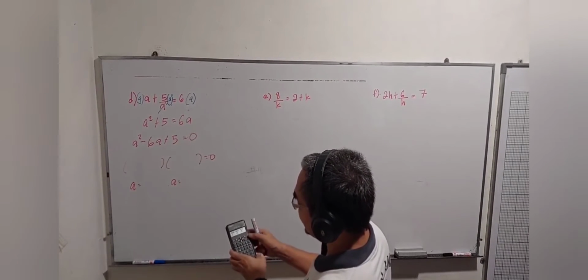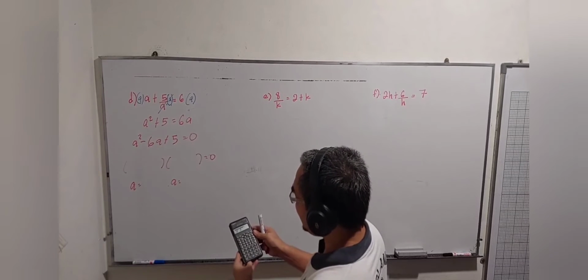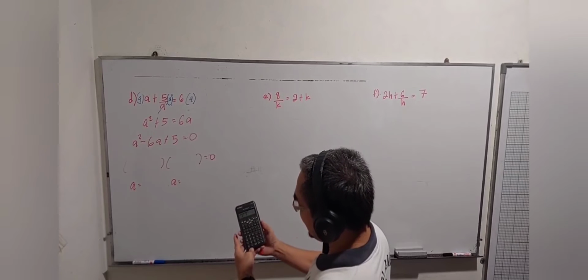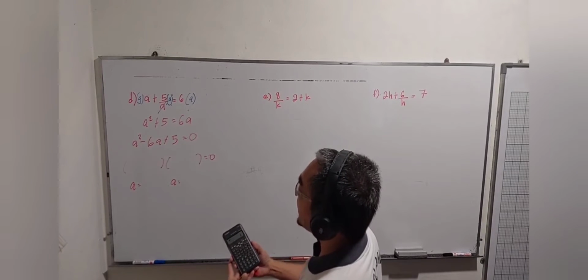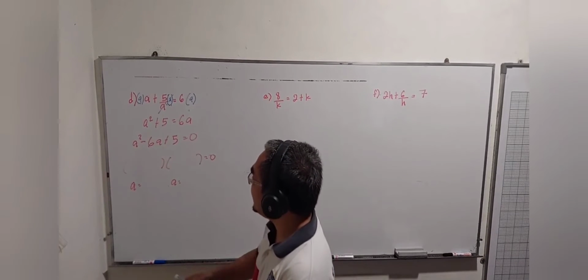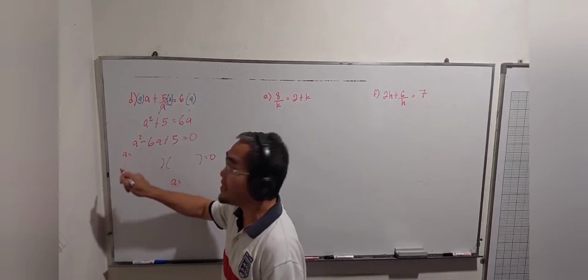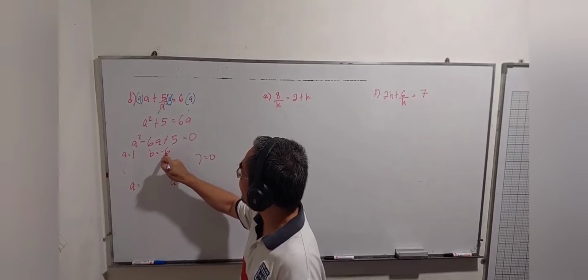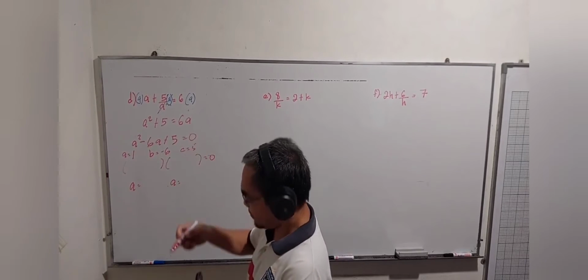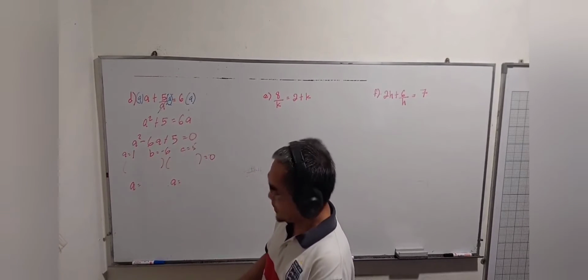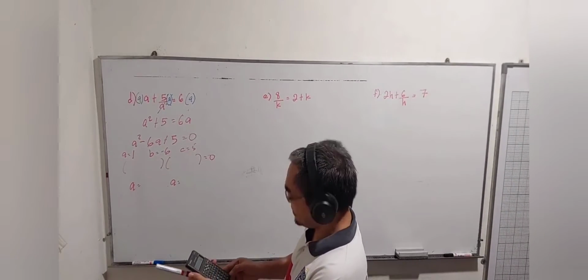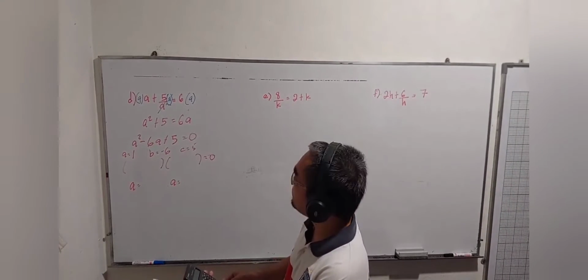Mode until you can see EQN, press 1, and then from unknown press the right button, you get degree, then press 2. Then the value of A here, this A is different from this A. A is 1, B is negative 6, C is 5. Okay, then press A equals to 1, B is negative 6, C is 5.